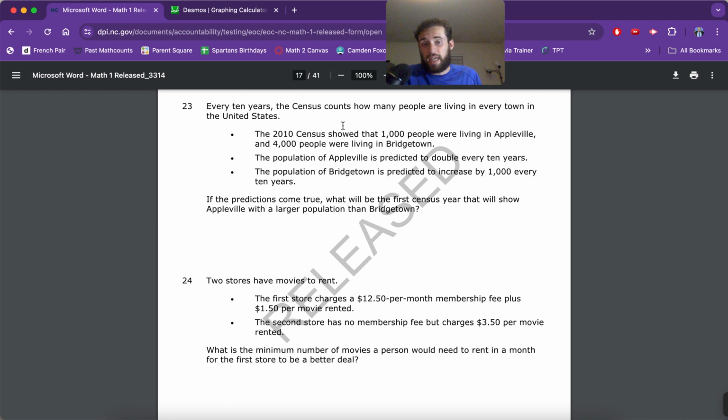I would just, again, do a table. You could try to write functions for this, but be careful with the years. You might write a function where it's doubling every year or going up 1,000 each year, and then you're going to think the answer is something like 2013, when it should be every 10 years.